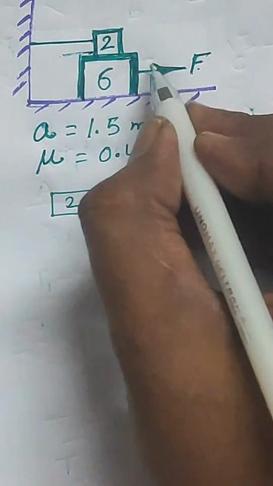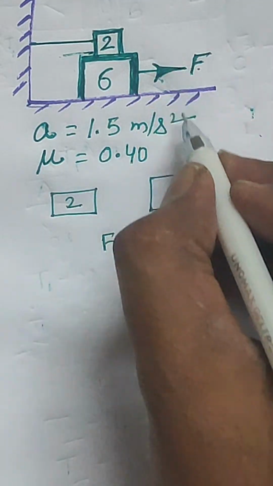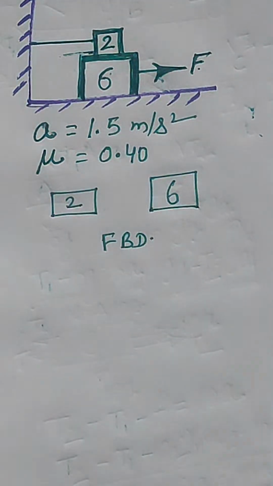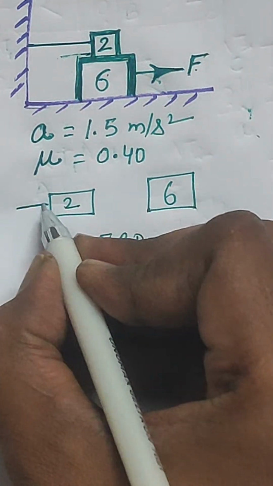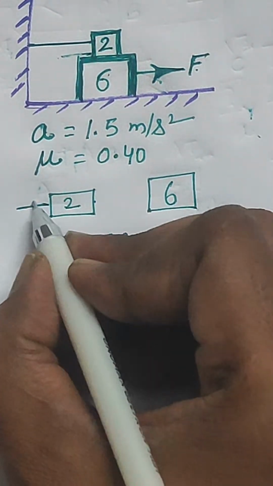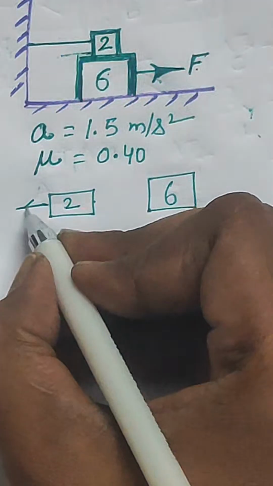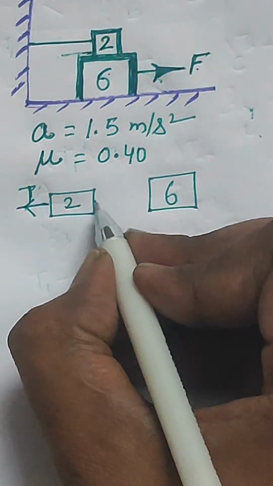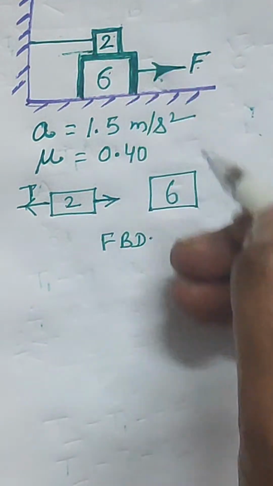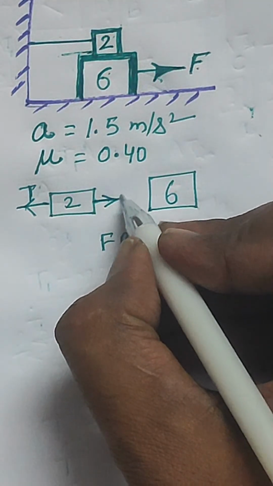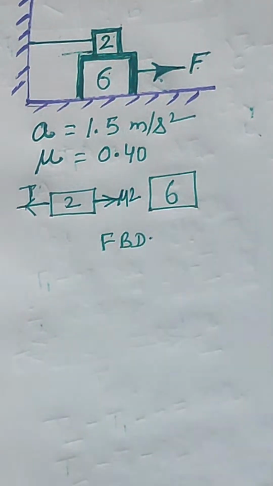So when the frictional force is applied, let us say there is a tension T in the string, and the force acting on the opposite side is mu N, that is mu times 2g.